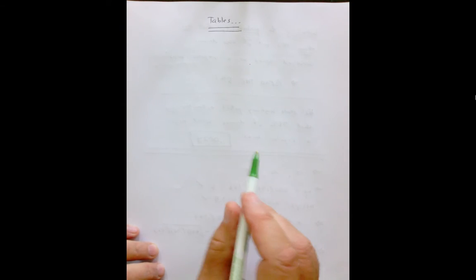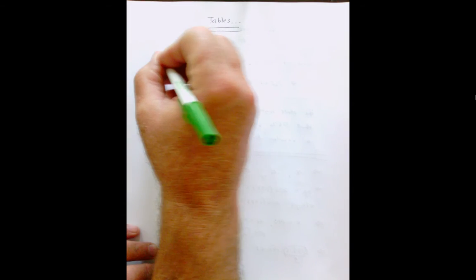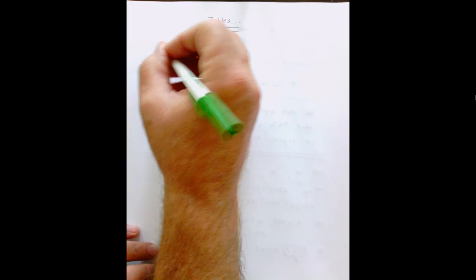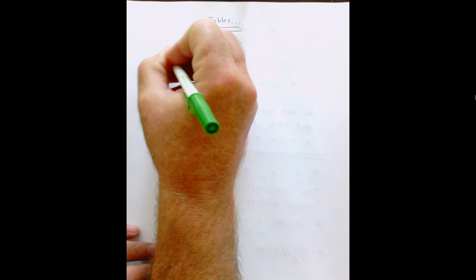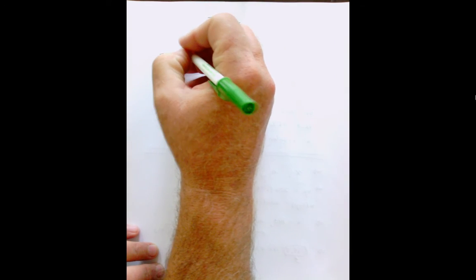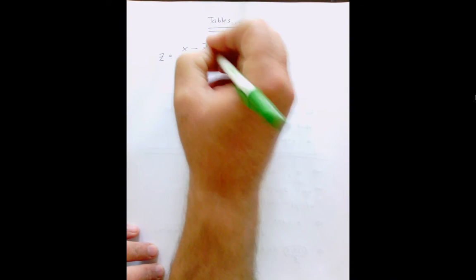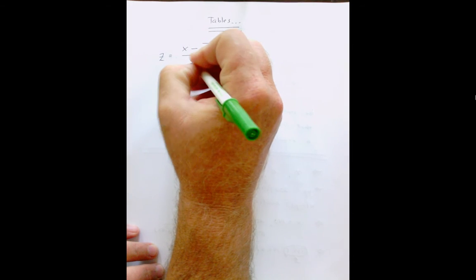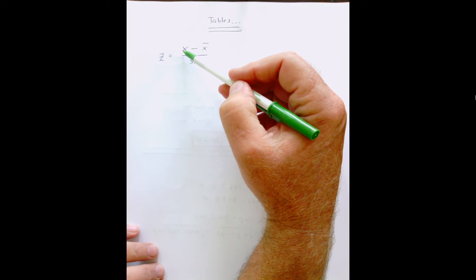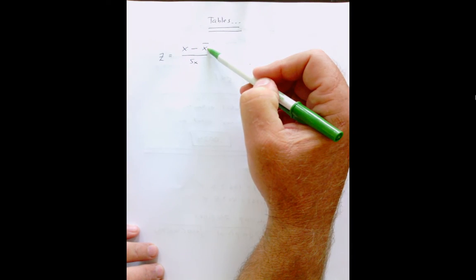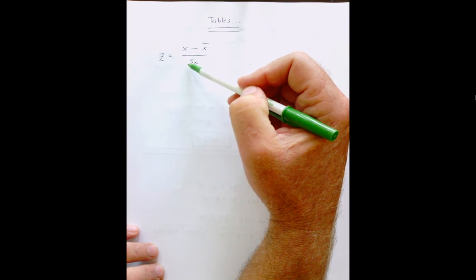Tables require you to be able to calculate the Z-scores. And the types of Z-scores we've looked at so far, if we have an observation from a sample, we can calculate its Z-score by taking the value minus the sample mean divided by the sample standard deviation.